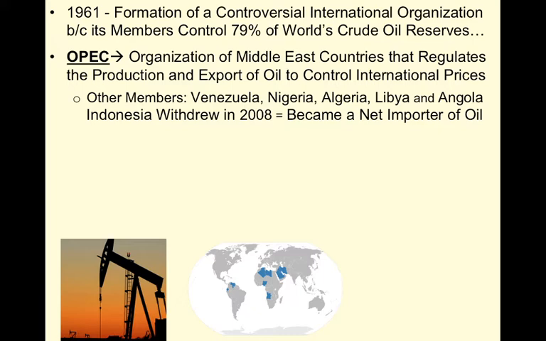They want to keep oil prices high, so they limit supply. This is the idea of supply and demand. Demand for oil is always the same, but how much supply is out there determines the price. Most of the members are in the Middle East, though you can see some other areas here that are part of OPEC.